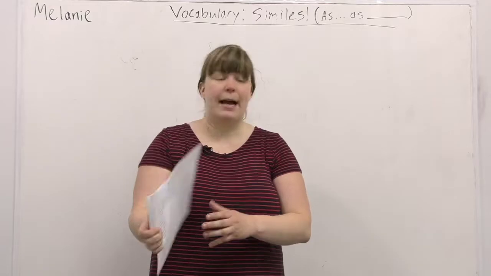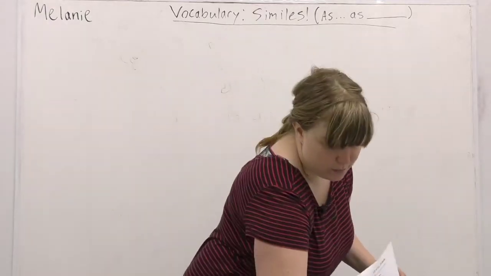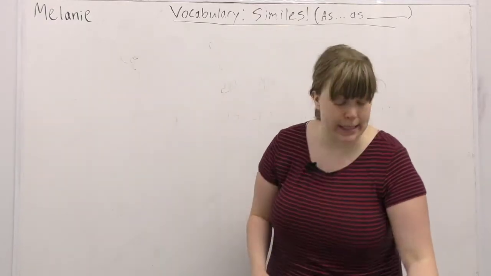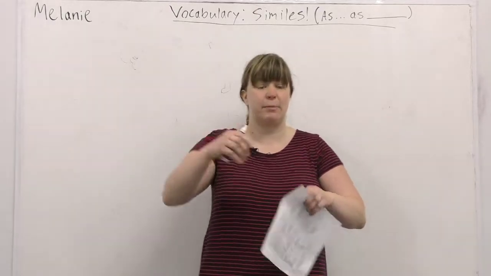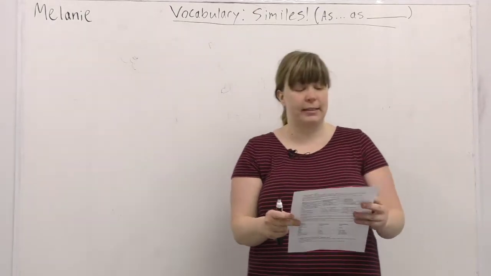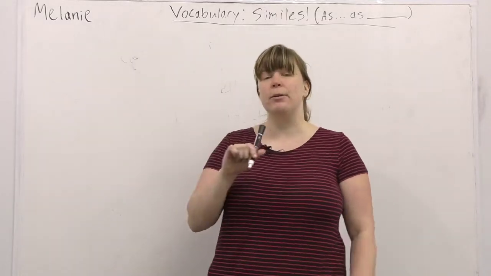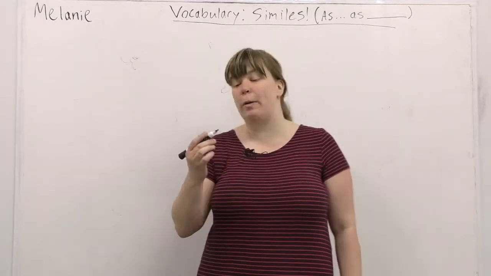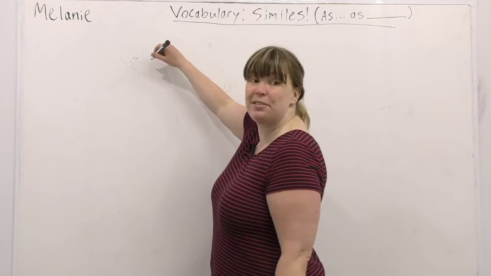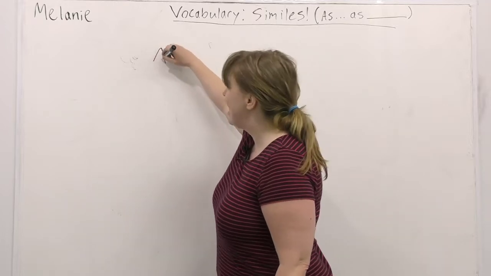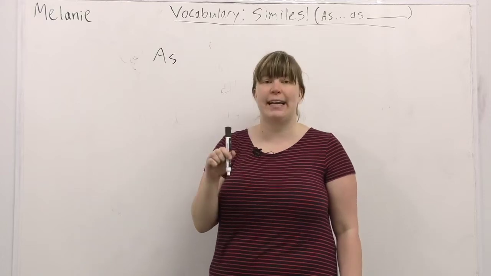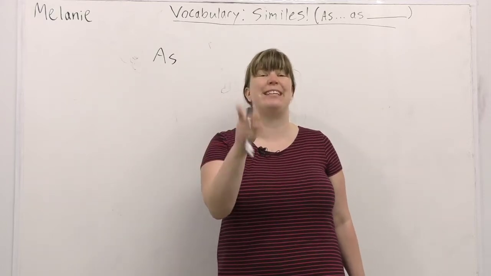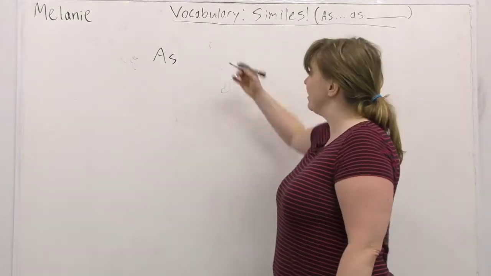Okay, so getting back to this. Similes, let's see. Like I said, I chose 13 similes. First simile. So what I'm going to do is write only the first half of the simile, and then I'm going to draw a picture of the second half, and you have to guess what I'm drawing.